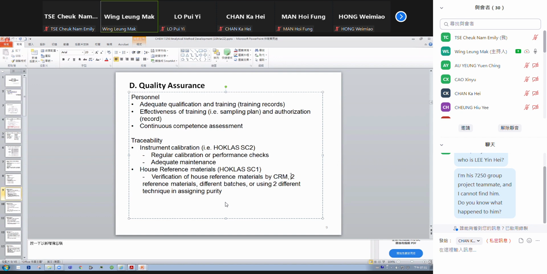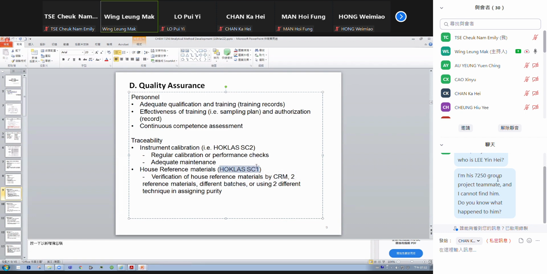If you don't have it, most of the time the laboratory will require you to buy 2 batches, that means from maybe 2 sources. If it's not a certified reference material, you need to purchase from 2 manufacturers. If only one manufacturer can produce these chemicals, you buy different batches, the batch produced 3 years ago and the batch produced this year, and see whether the concentrations agree.